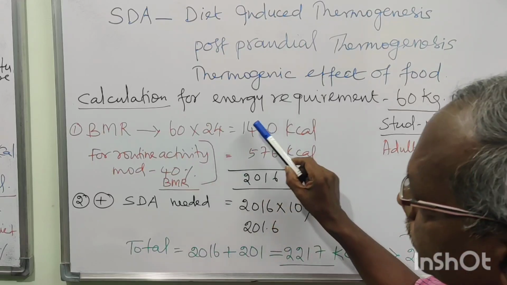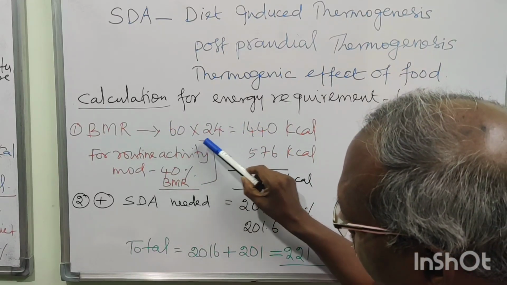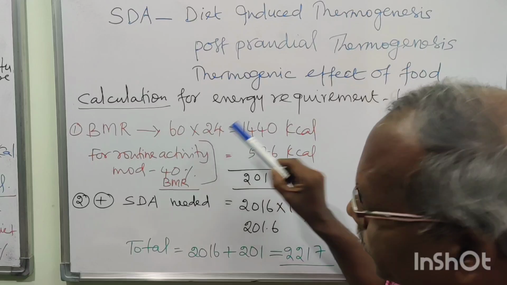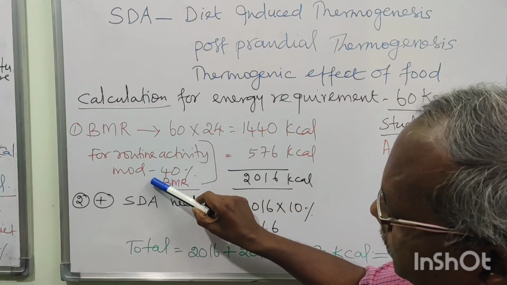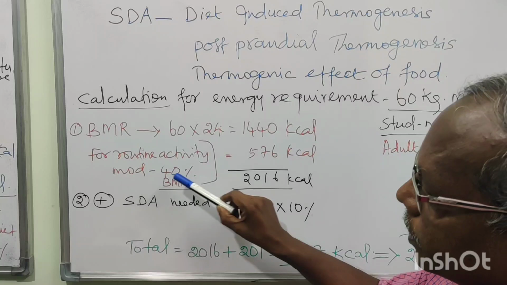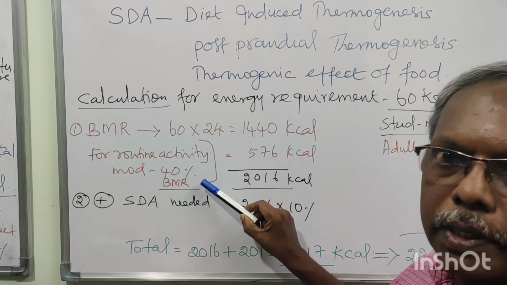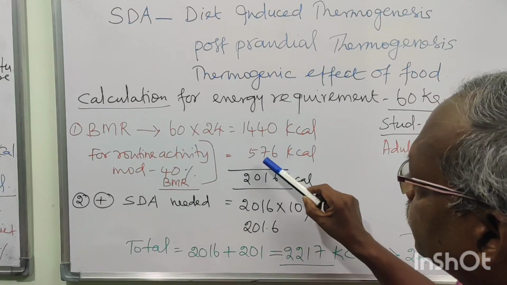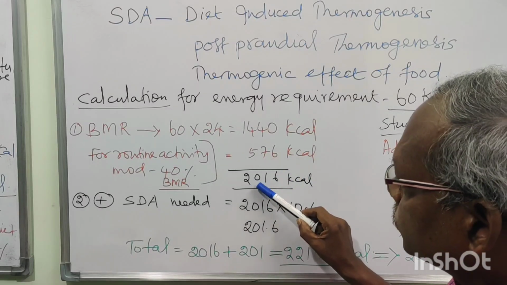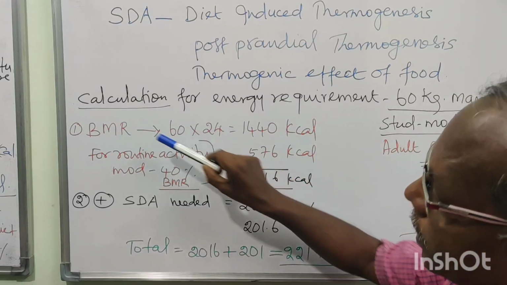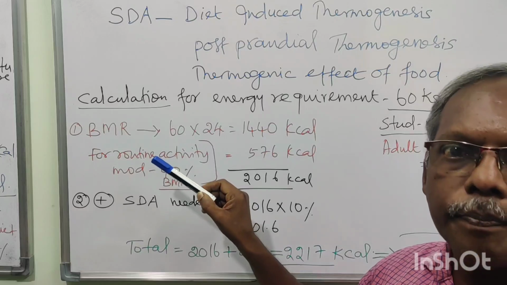This is the calculation of the student's body weight and BMR. For this total, for a moderate student, we have to add an extra 40% of BMR, that is 576 kilocalories. So the total is 2016 kilocalories regarding the BMR only.